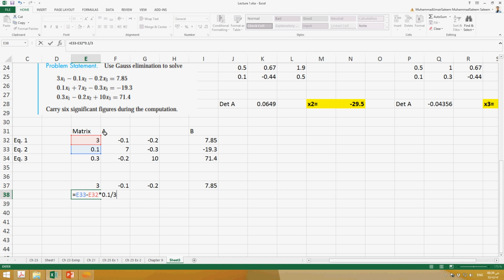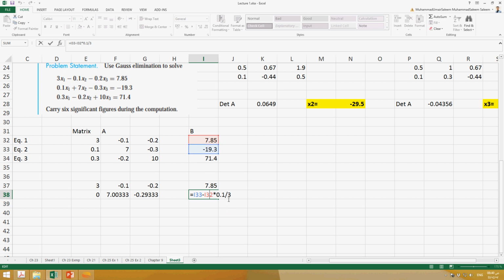So if I multiply this by 0.1 and divide by 3, this term will become the same as this one, and it will become 0. Okay, so if I press enter, it will become 0, and the same operation you can do here and here as well. For example, now this minus this equation multiplied by 0.1 and divided by 3.